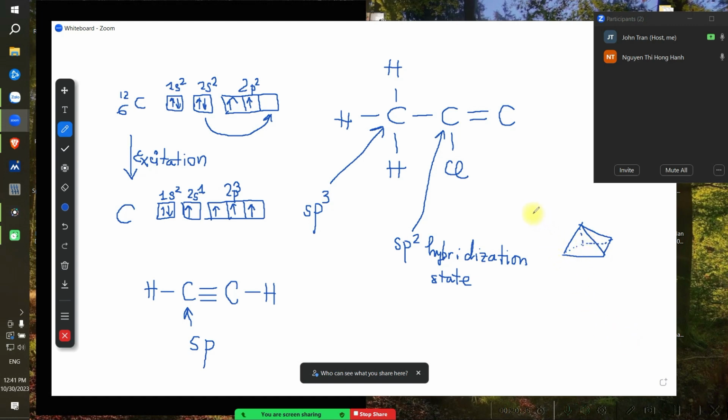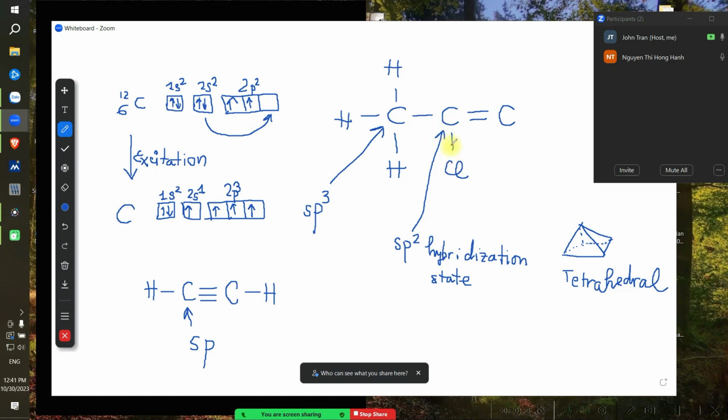It's tetrahedral shape. Nó sẽ tạo ra cái hình dạng đó. We'll call that tetrahedral. Tetrahedral shape. And sp2 is basically nó nằm trong một mặt phẳng luôn á.